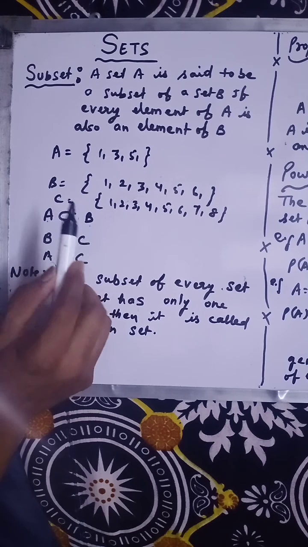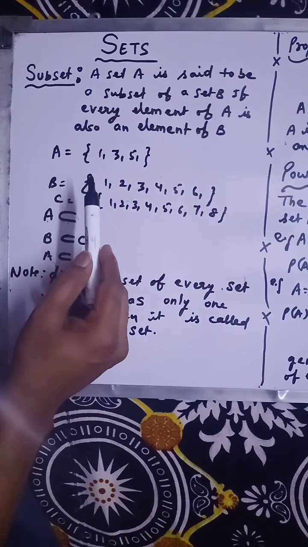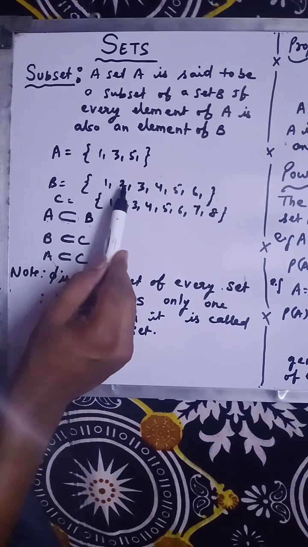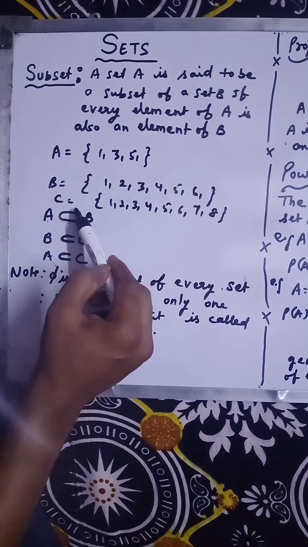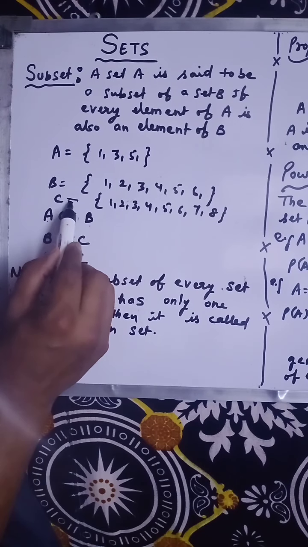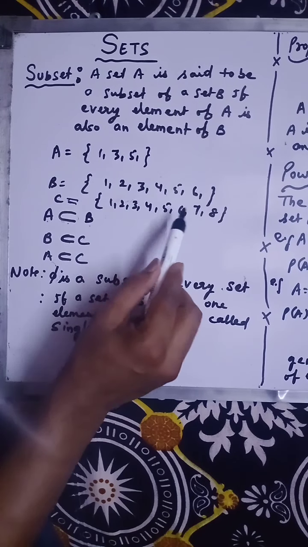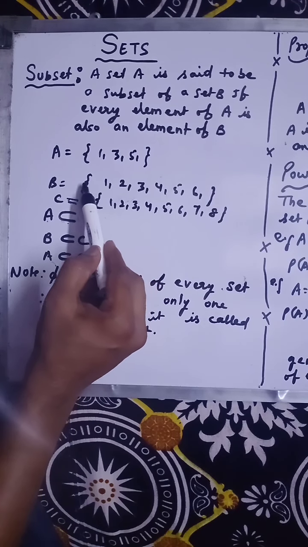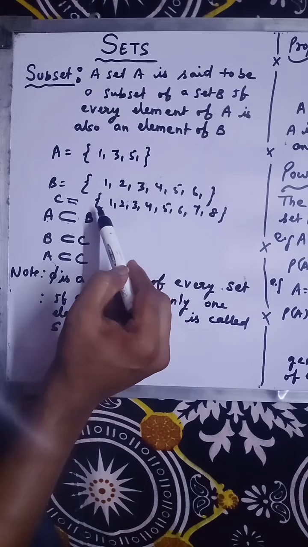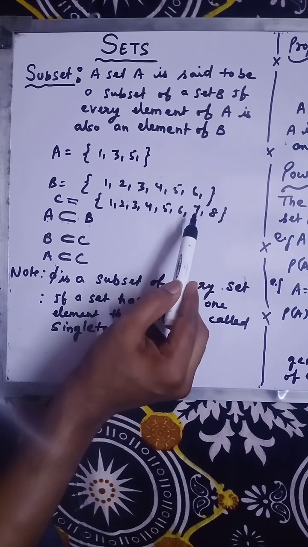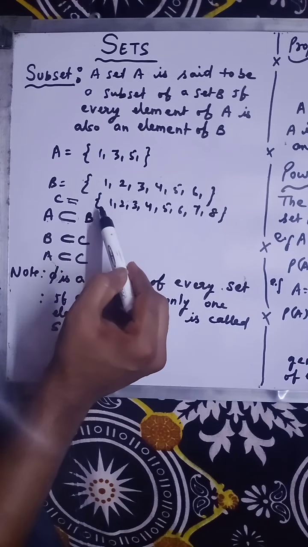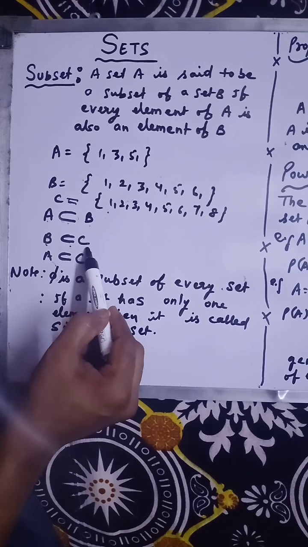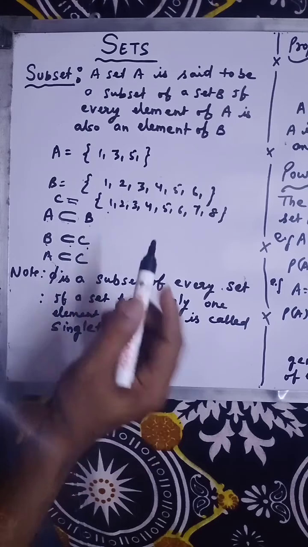Fine. Now if we compare B and C, B is 1, 2, 3, 4, 5, 6 and in C, 1, 2, 3, 4, 5, 6, 7, 8 these elements are coming. As we can see, every element of set B is coming in set C. So B is a subset of C. Got it?